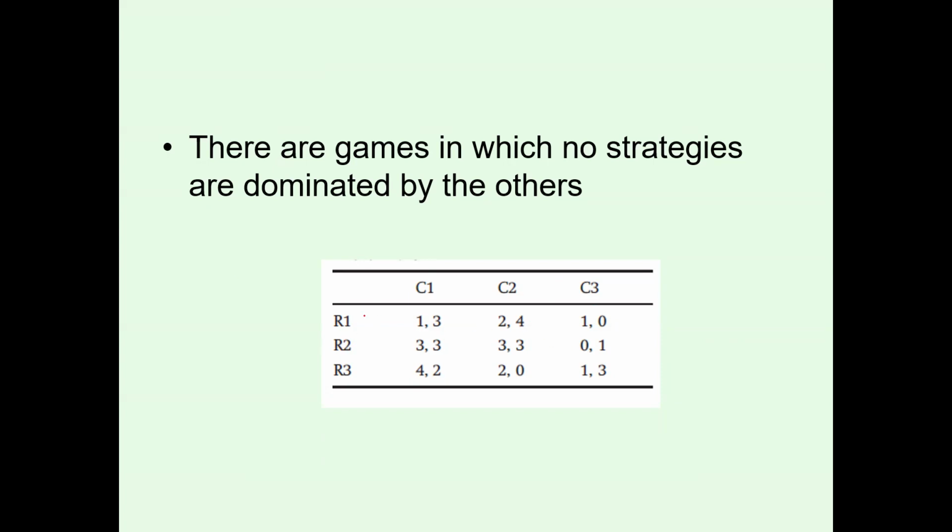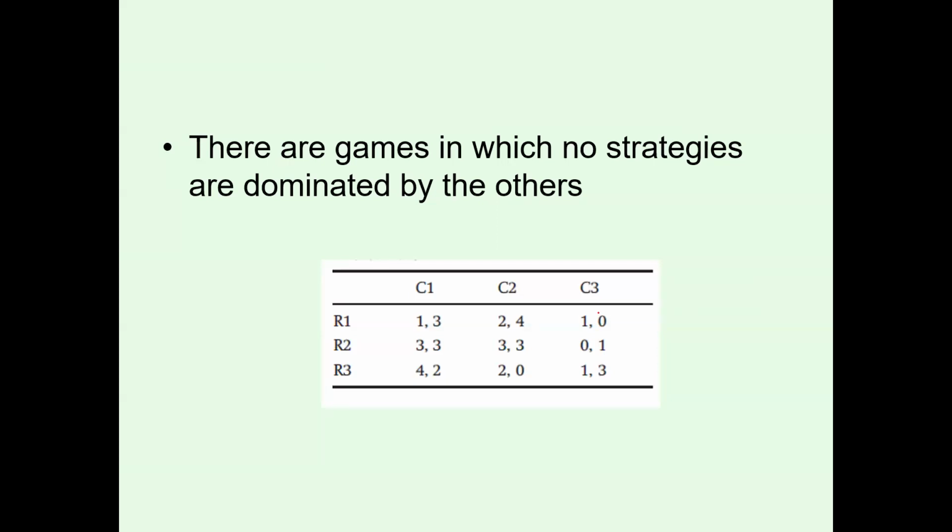So we cannot remove anything. If R1 against R3: if the column player chooses C1, then we choose R3. If C2, then neither, 2-2. This is a tie.